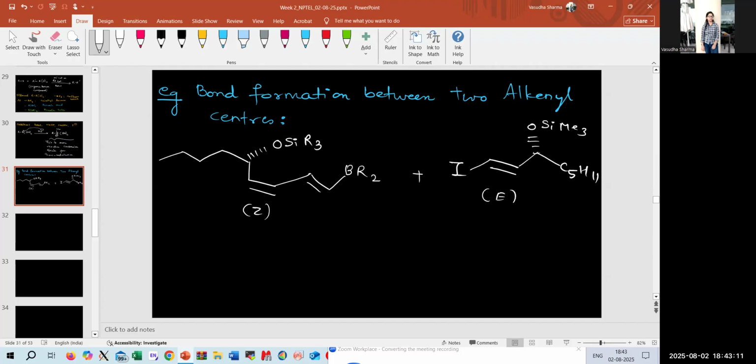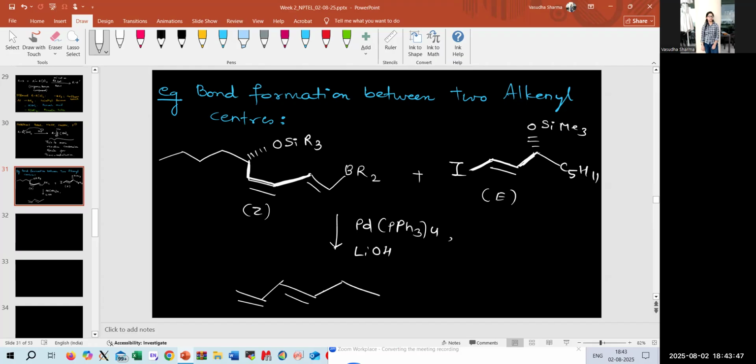You will see here, these are two different alkenyls, and we are using lithium hydroxide as base. So what will really happen is this double bond here and this double bond here, this part is going to be as such.